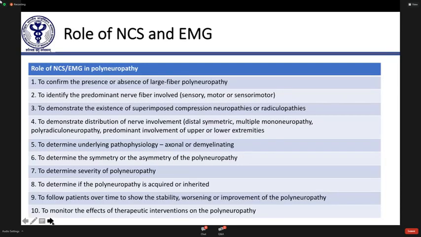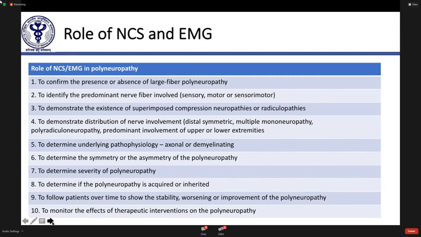Role of NCS and EMG: I'm not going into details of that, but what role do they have in a polyneuropathy? To confirm the presence or absence of a large fiber neuropathy, to identify the prominent nerve fiber involvement, to demonstrate the existence of superimposed compression neuropathies or radiculopathies, to know the distribution of nerve involvement, to identify the underlying pathophysiology, whether it is axonal or demyelinating, to determine whether it is symmetric or asymmetric, and to determine the severity of the polyneuropathy.